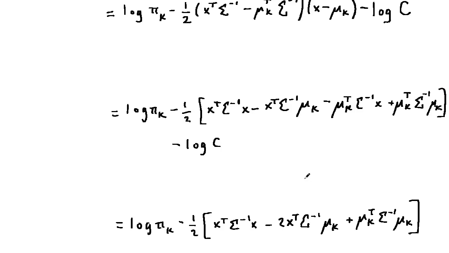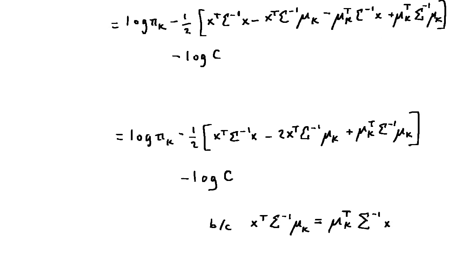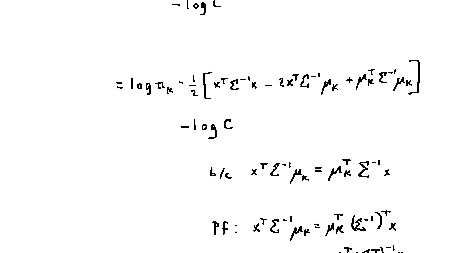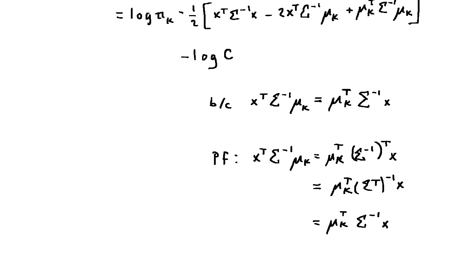Now let's see why that's true. The claim is that x transpose sigma inverse mu sub k is the same as mu sub k transpose sigma inverse x. Let's quickly show that. x transpose sigma inverse mu sub k is the same as the transpose of itself.